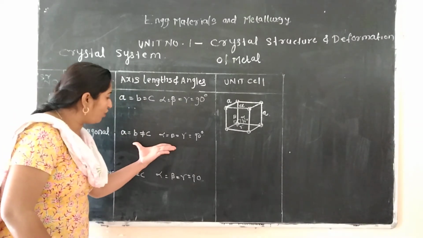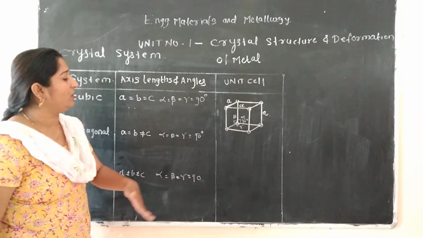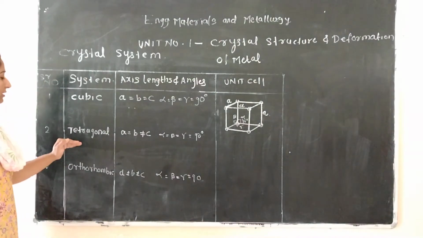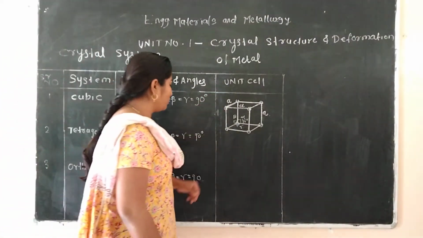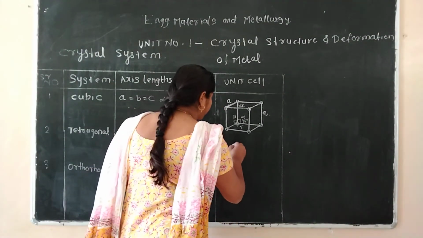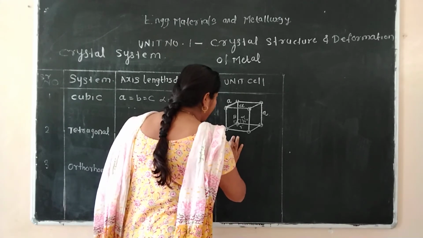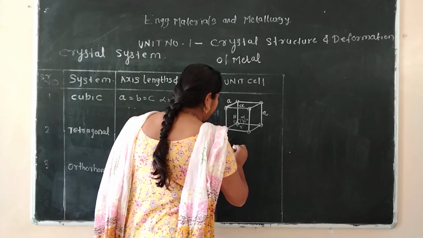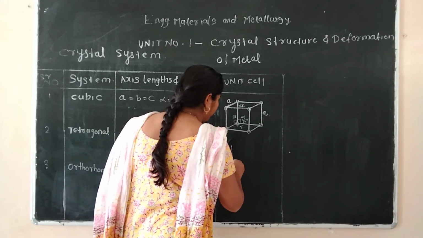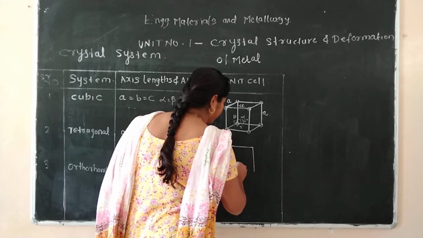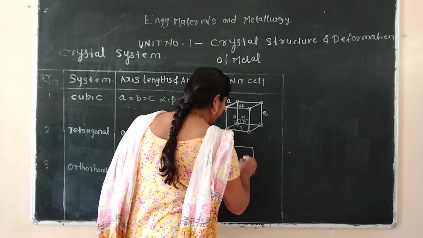By taking these parameters, we are going to draw the tetragonal structure of the unit cell. Now here the length and the width are the same and height is different.